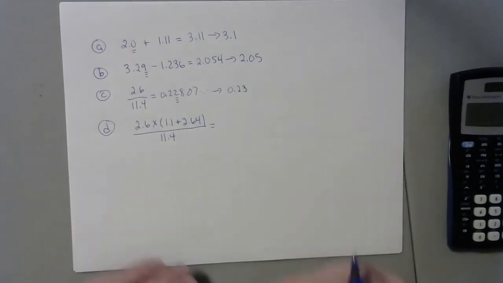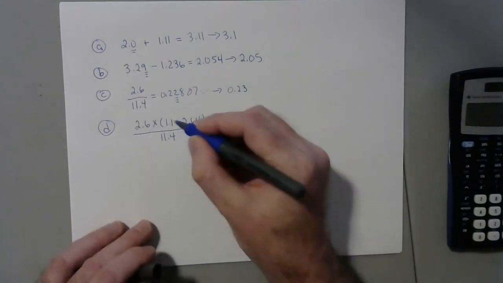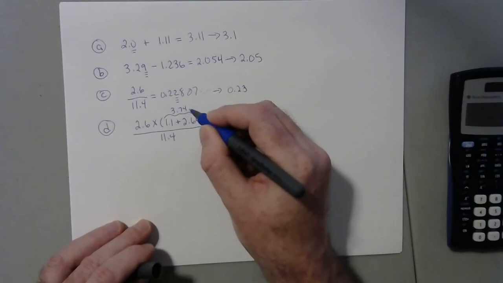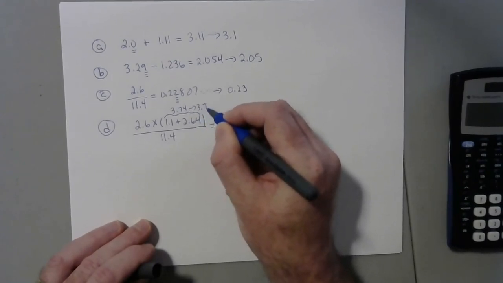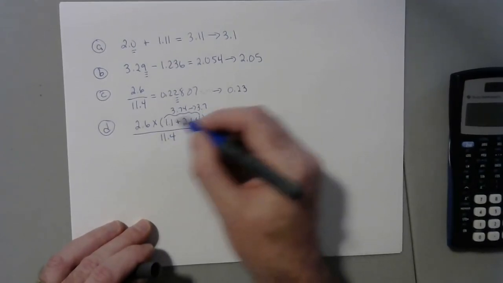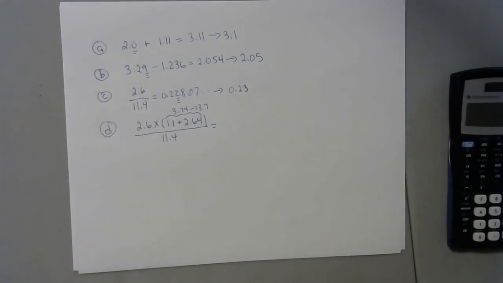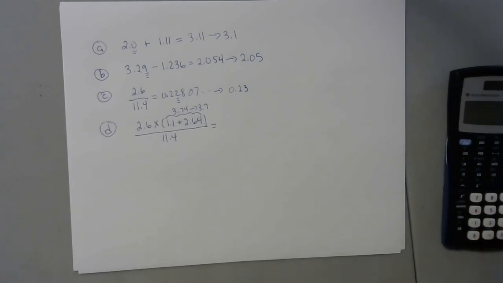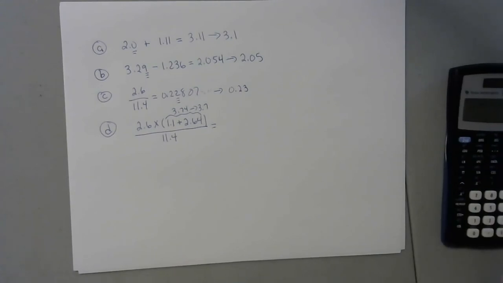Now that last one has a mixture of operations. If we were to do this as a calculation by itself, we would have 3.74. But if we apply the rules, we'd call it 3.7. So I'm going to treat everything in the parentheses like it has 2 significant figures. And then when we run that through our calculator, I'm going to hold the whole value in the calculator just to be sure that I don't get any significant rounding error.